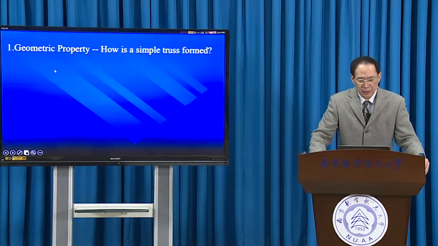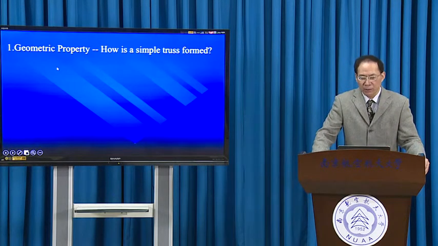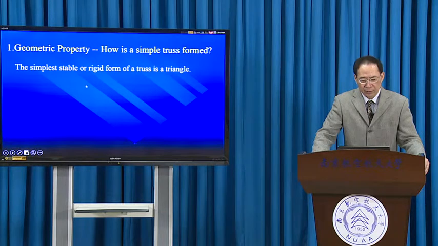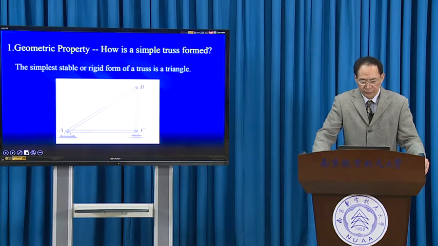One, geometric property. How is a simple truss formed? The simplest stable and rigid form of a truss is a triangle. So this is a triangle ABC with three members to form a basic triangle structure.